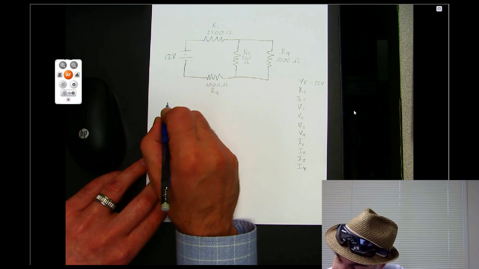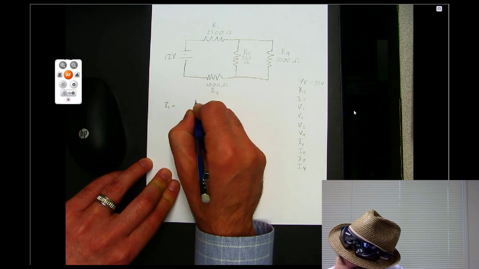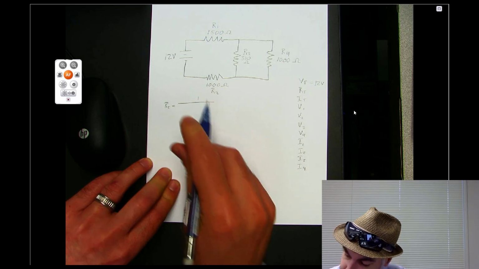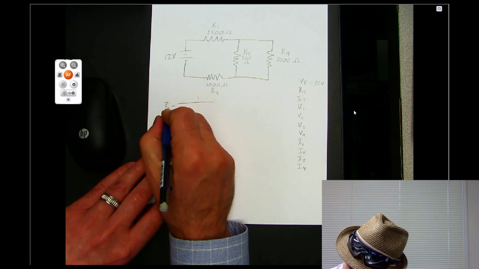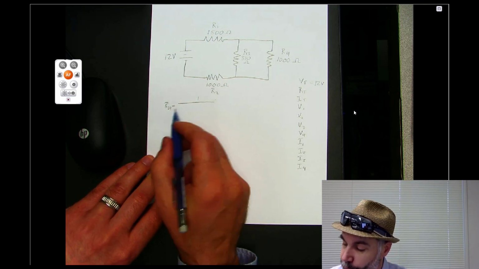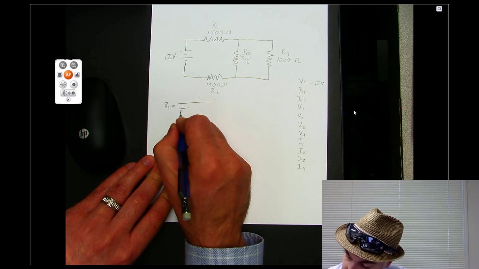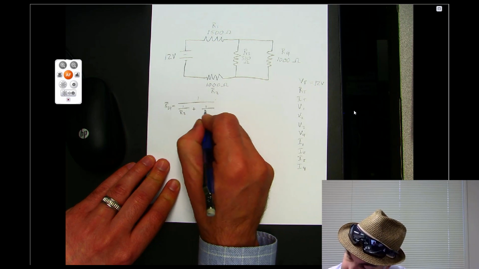We'll call this R34 because we're combining R3 and R4. So R34 equals 1 over R3 plus 1 over R4.